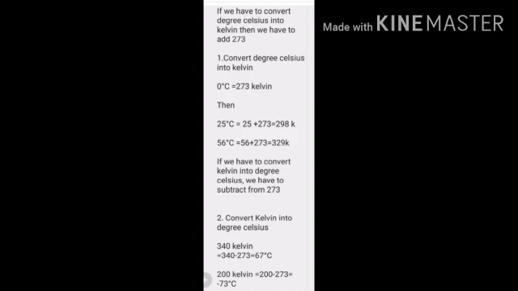Similarly, in the next example, 56 degrees Celsius is equal to 56 plus 273 is equal to 329 Kelvin. And in the next case, as you have to convert Kelvin into Celsius, 340 Kelvin is given. So 340 minus 273 is equal to 67 degrees Celsius.